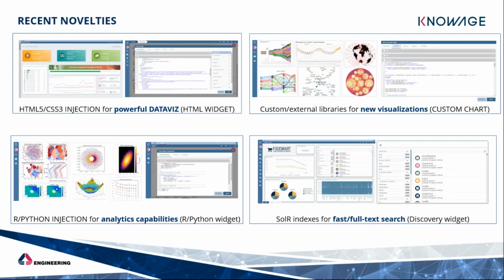But what are the recent novelties of Knowage from the 8th week? First of all, the injection of HTML and CSS code, with which you can do powerful data visualization, because you can build cards that are customized very well.